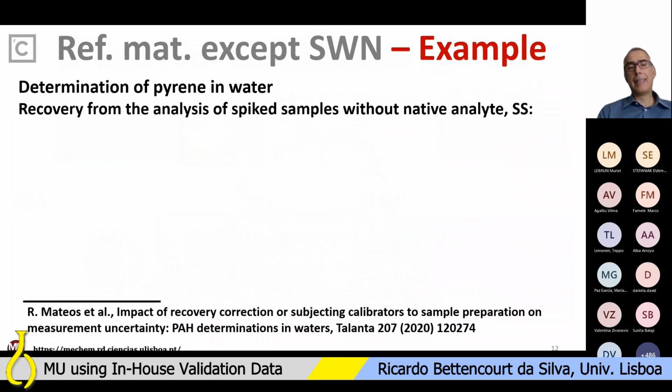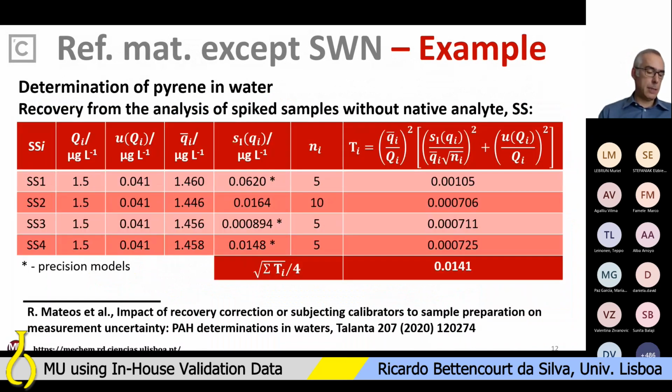Okay, let me give you an example. Determination of period in waters. This is an example that was published in Talanta. This was determination of period in waters after some preparation, with HPLC determination.